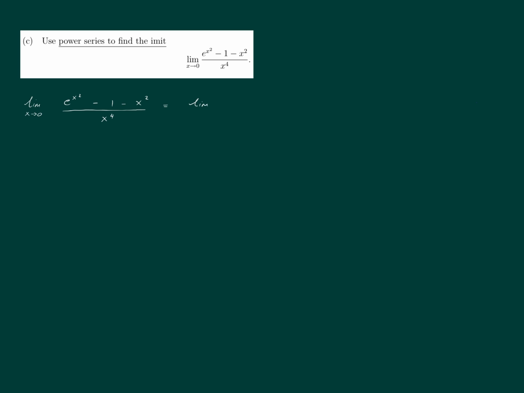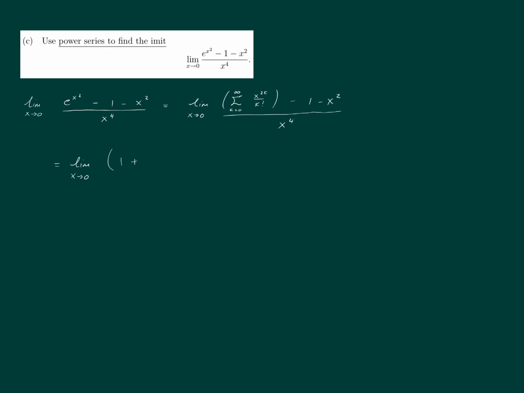Okay, so recall the expansion we had for e to the x squared. You can write this as the limit as x goes to 0 of the sum from k equals 0 to infinity of x to the 2k over k factorial, minus 1 minus x squared, all over x to the 4. Okay, so expand out the sum we have on the top in the dot dot dot notation.